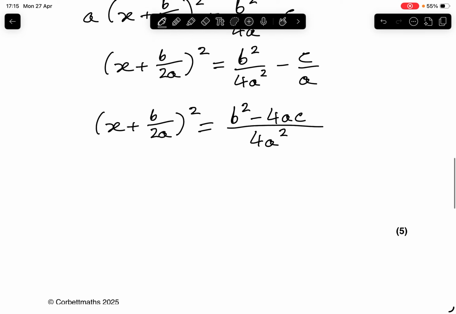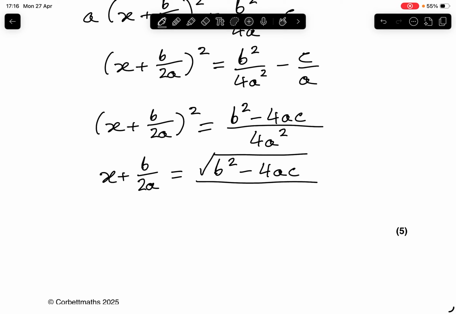Right, okay, now let's square root everything. So we have x plus b over 2a on this side. That's equal to the square root of b squared minus 4ac over 4a squared.